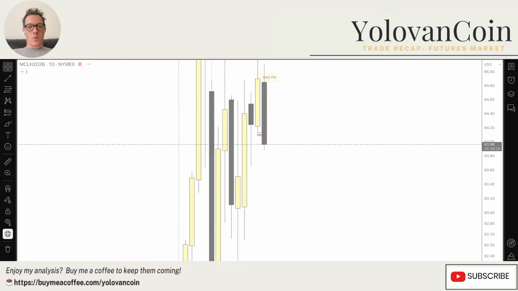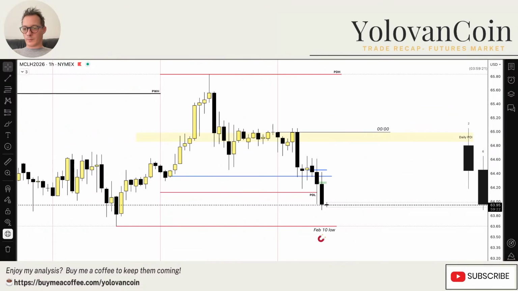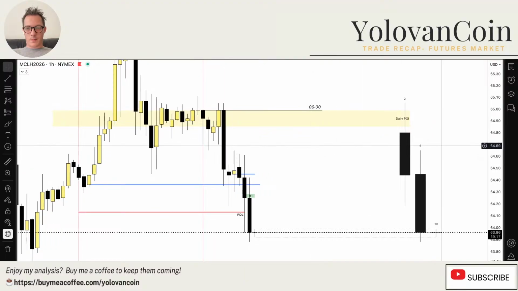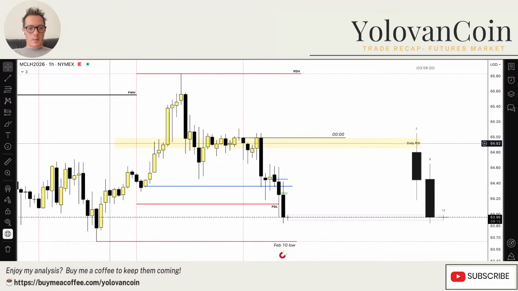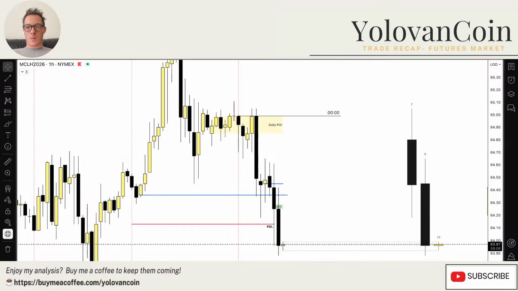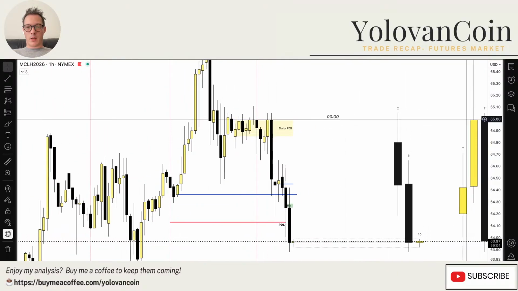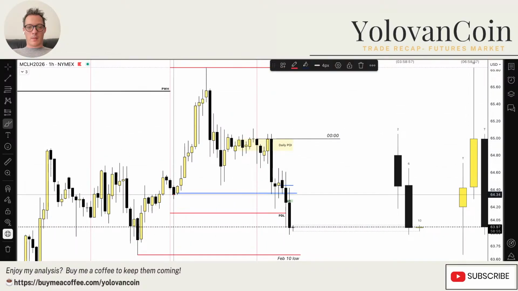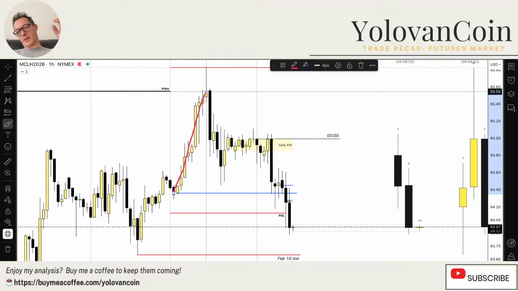So we go on a 1 hour time frame. On a 1 hour time frame, since 6 o'clock. Okay, so that was my 1 hour time frame. This is my daily POI. What we have, we want to see a bullish move out of this area, but our up move was this, right?